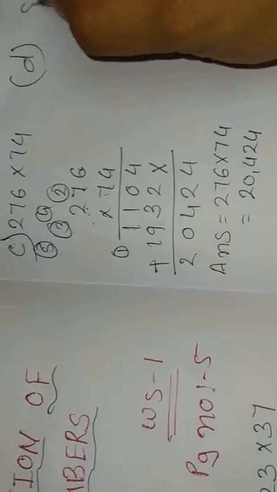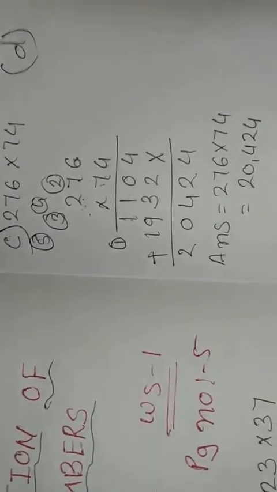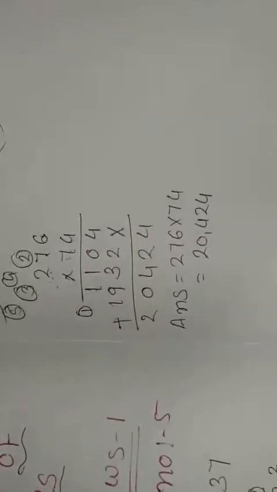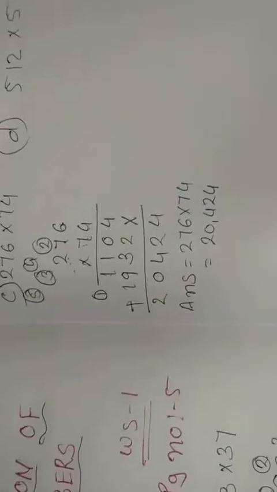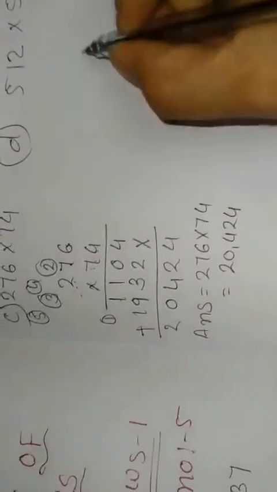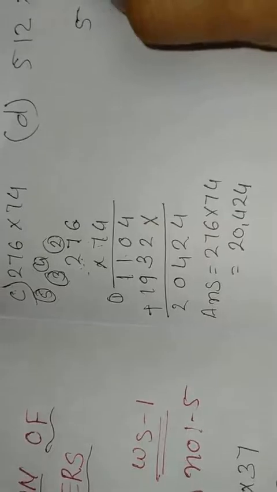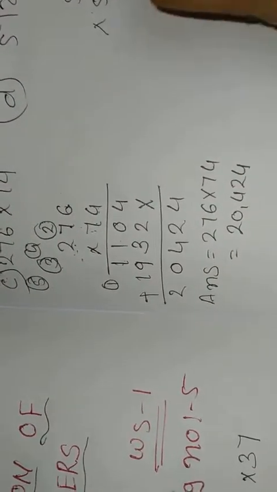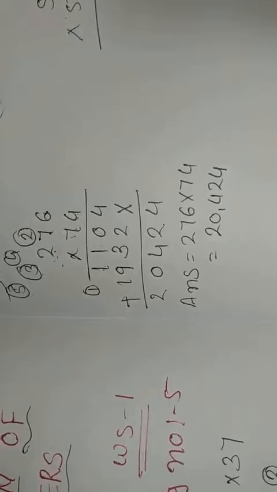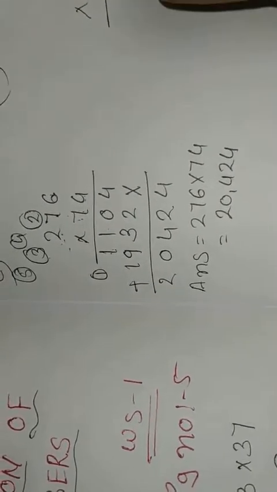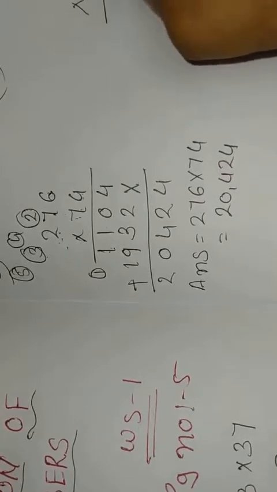Now next sum, d sum. In that, 512 into 511 is there. So in that we have to write here 512 into 511. 1 2s are 2, 1 1s are 1, 1 5s are 5.